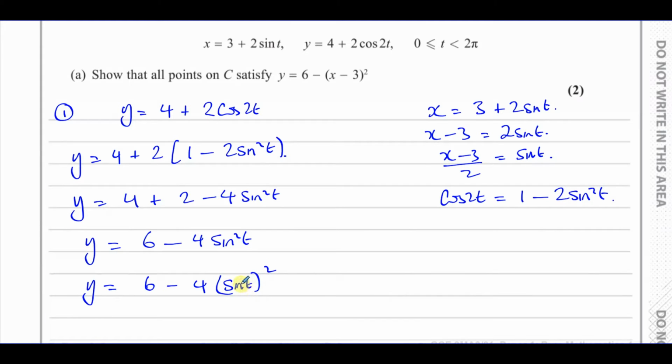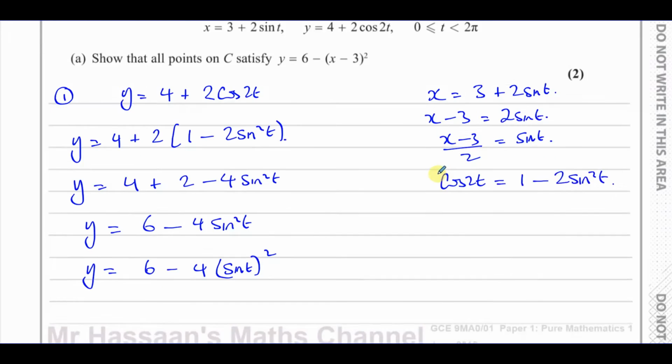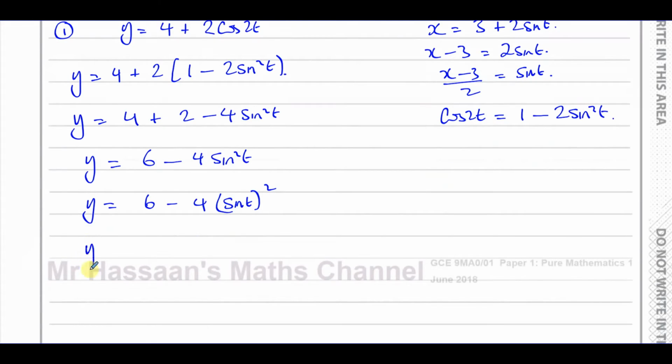So I can now replace the sine t with x minus 3 over 2. So I can say y equals 6 minus 4 times x minus 3 over 2 squared.